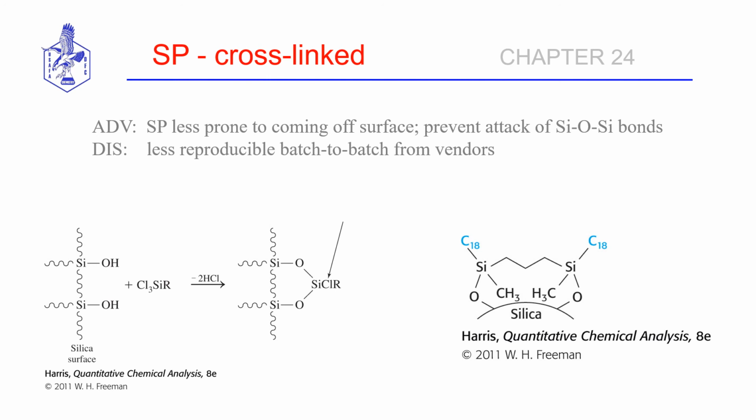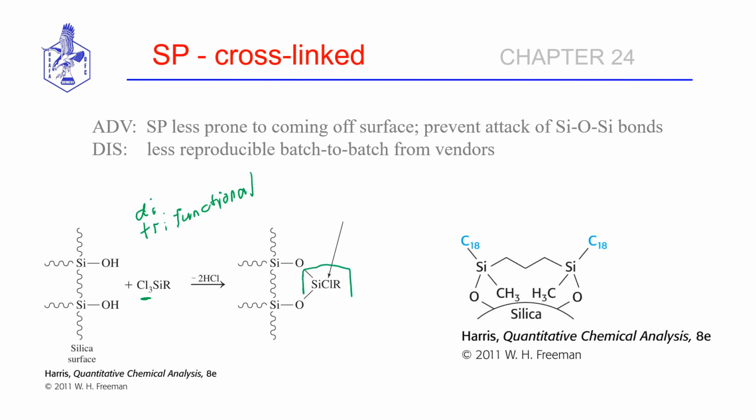When we carry out the modification reaction of the silica, if we use a di or trifunctional silane instead of a monofunctional silane, so I have in this case 3 chlorine groups instead of 1, then I can actually react 2 silanol sites that are side by side with the same silane molecule.